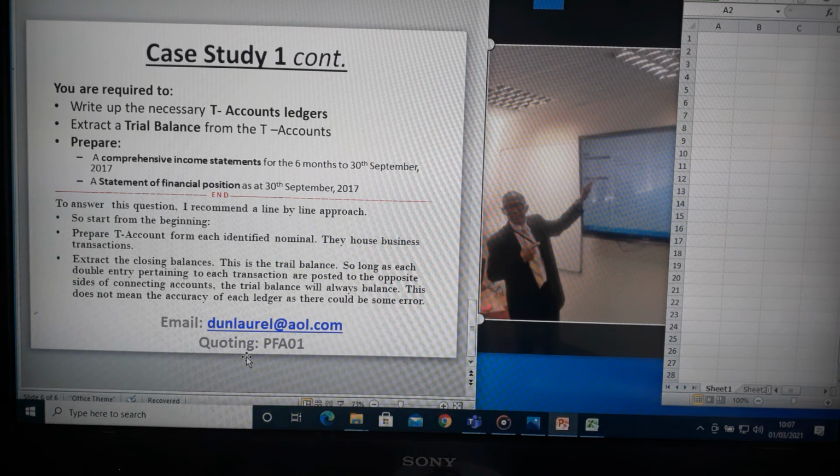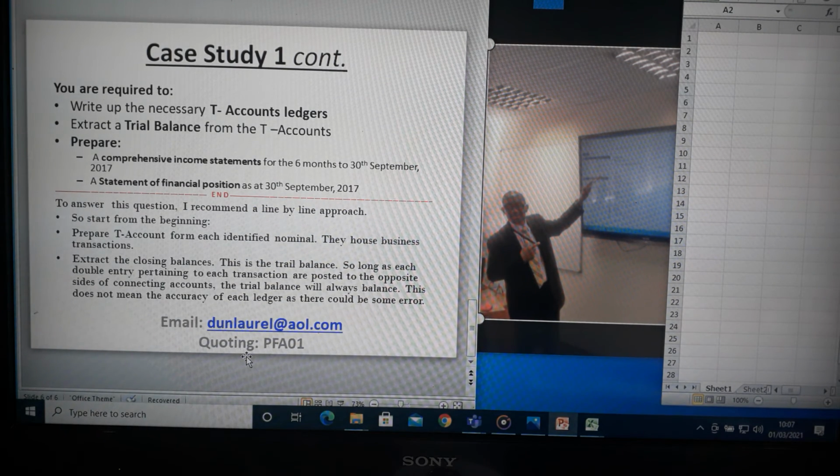So I recommend here you answer this question using the line-by-line approach, that is taking one item and dealing with it to its conclusive end. Don't deal with items haphazardly, otherwise you might tend to omit some or might forget to complete other sides of the entry. So start from the beginning and work your way down to the end of the case study.